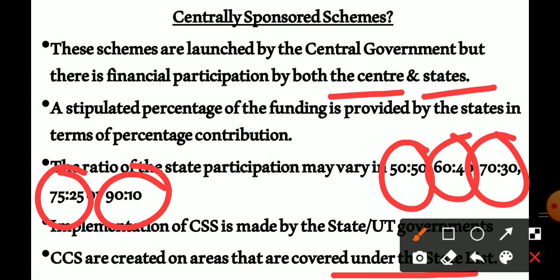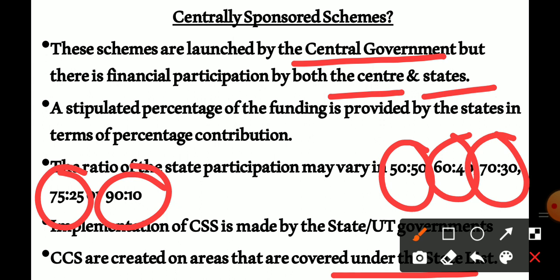Whereas in the centrally sponsored scheme, the scheme is launched by the central government, the financial burden is shared by both the center and the state government, and the scheme would be mainly from the state list.